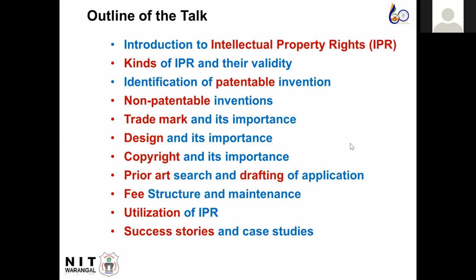How to draft an application, how to get the application done, the fee structure, how much we have to pay, how much for maintenance, utilization, and some success stories. I'll go through this briefly, and I'll try to make it more interactive, so it will be easy to understand.